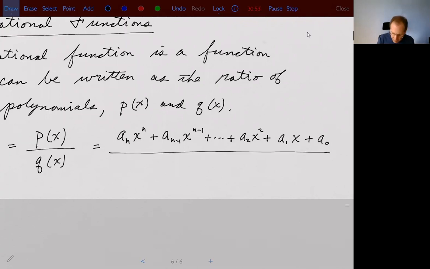Since it's different, I'll use a different letter for the coefficients: b_n x to the n plus b_(n-1) x to the n minus 1 plus dot dot dot plus b_2 x squared plus b_1 x plus b_0. So again, all we're saying is that a rational function is a polynomial divided by a polynomial.